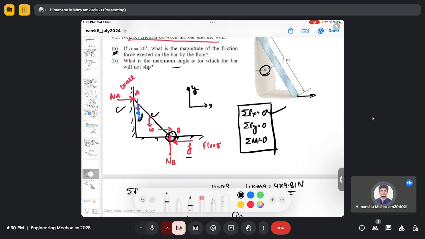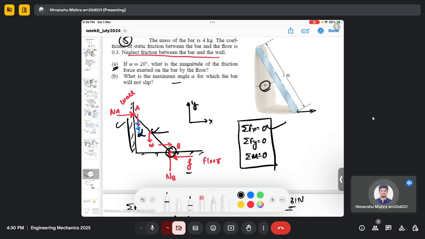And there will be an alpha angle here, and the perpendicular distance is this and this. I have given 1 meter here, so this is my perpendicular distance for NA, and this one is for W. So this distance I can write in terms of alpha.